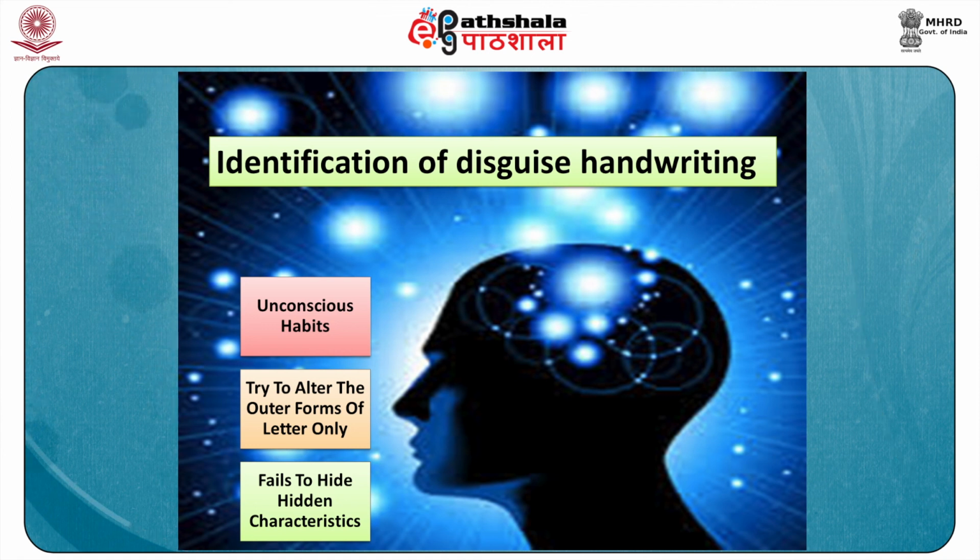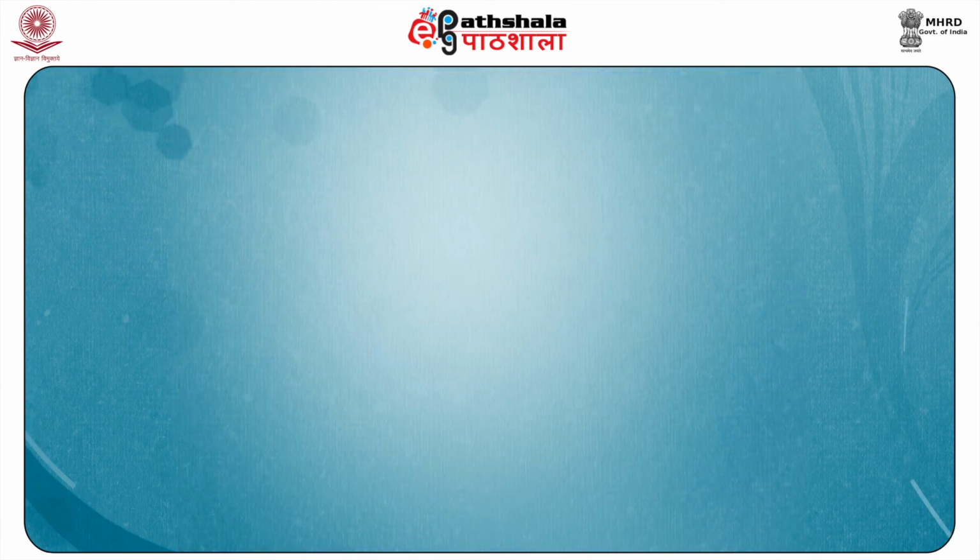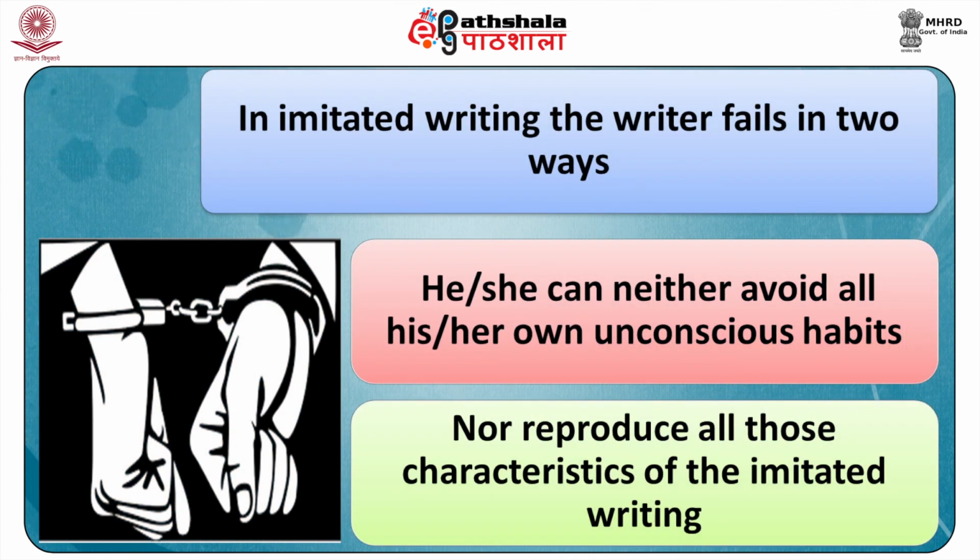The efforts in disguised writing fail due to the writer's inability to suppress his own unconscious and habitual characteristics. In imitated writing, the writer fails in two ways. He can neither avoid all his own unconscious habits nor reproduce all the characteristics of the imitated writing, nor can he assume the unhesitating and natural facility with which natural writing is executed.